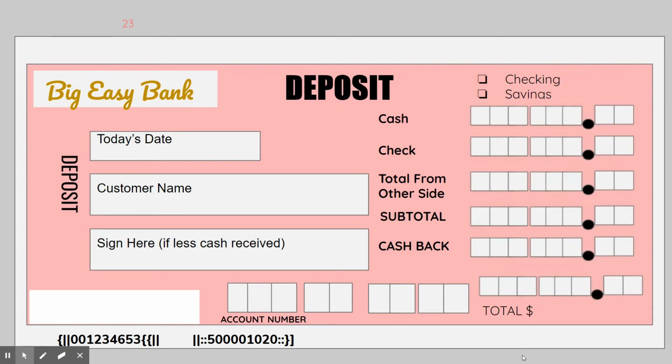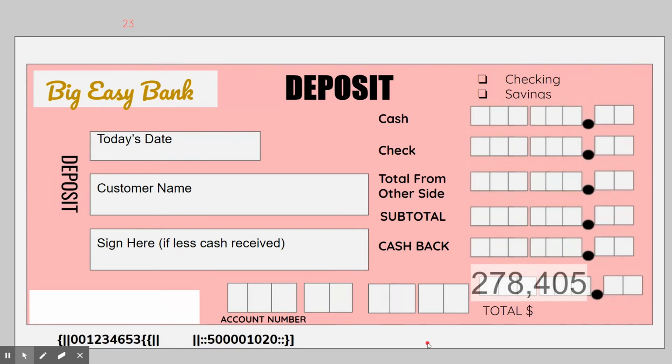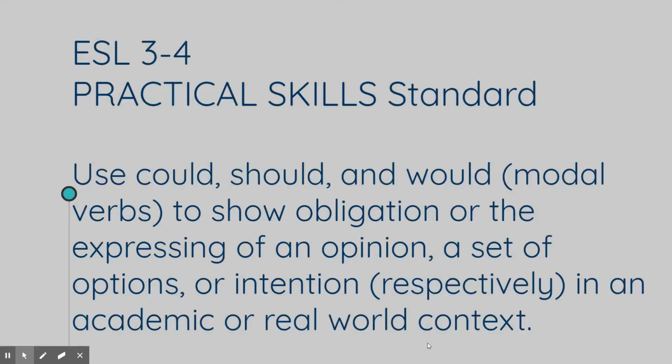When you finish calculating, go ahead and fill it into this form. You can make up some of the other information that you need for the form. You can also talk about the unique parts of this form, such as the routing number and the account number. We often get asked for our routing numbers.